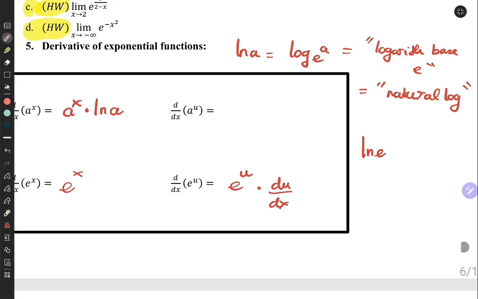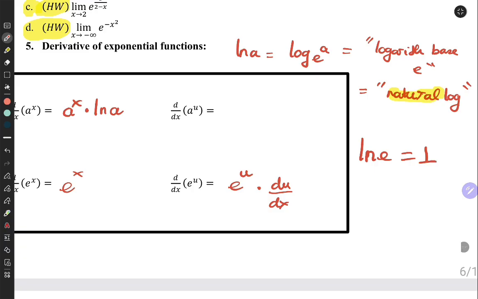Then logarithm base e is called natural log. Combine both of them: natural log of a natural number. Okay, I'm about to bite my tongue. Natural logarithm of a natural number is 1. Okay, that is a property.